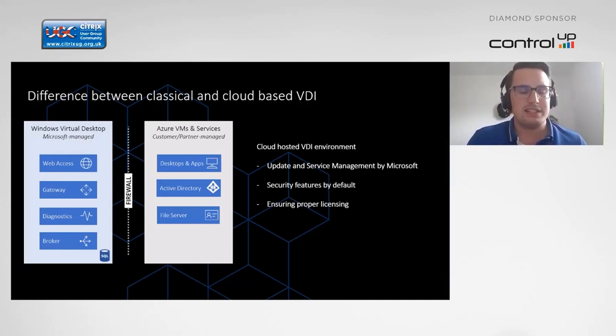And last but not least, regarding the proper licensing I mentioned before, which the customer or the service company has to take care of on behalf of the client, we realized, as a service company as well, that most clients are already eligible for WVD, having Microsoft 365 E3, E5 licenses, or Windows 10 E3 or E5 licenses, so that they just need to pay for the computing resources.